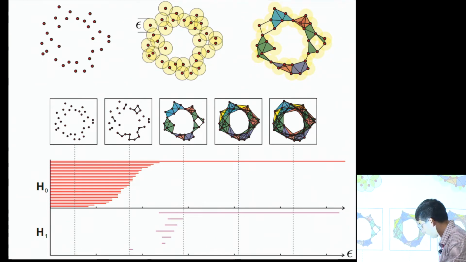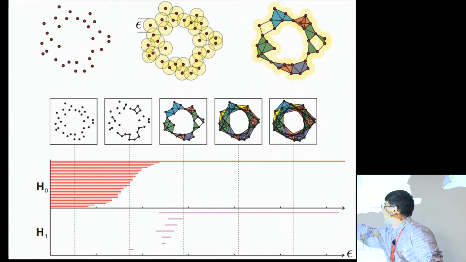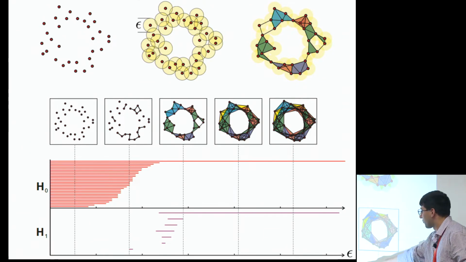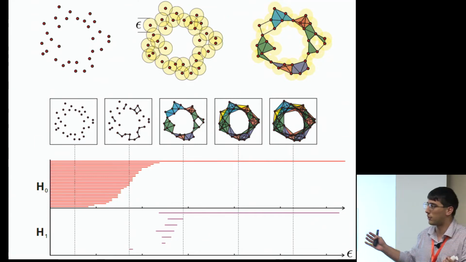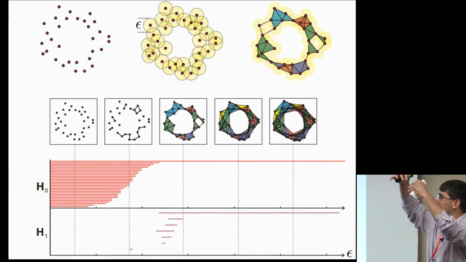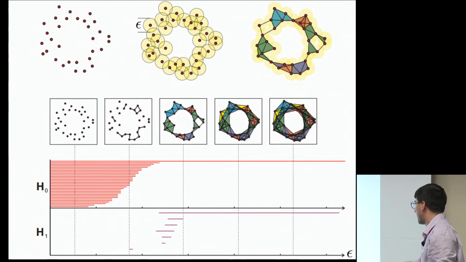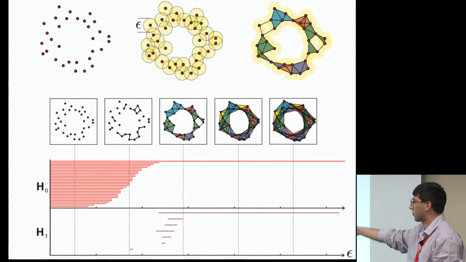And in particular, the circle is really important because at this point right here, you can see that a circle forms in this diagram but then disappears. And we have a persistent circle, and that's what this line is indicating here. And we have a persistent connected component, because once all the radiuses get big enough, all the points are connected. So there's just one giant blob at the end. But you also see we capture the fact that we're looking at a circle, a noisy circle from the very beginning.